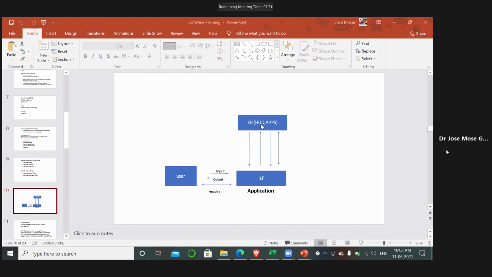Let it be in a hard disk drive, a pen drive, some apps, or web apps, whatever it is. All the storage will be done in the file management system.